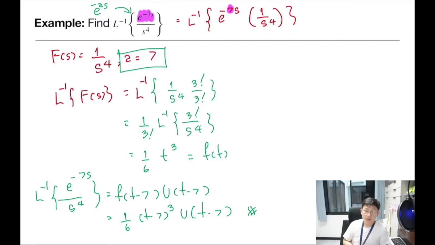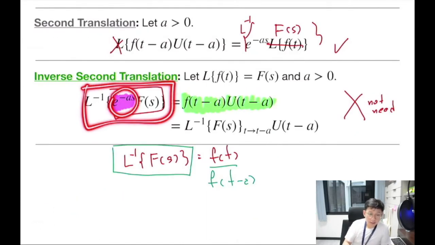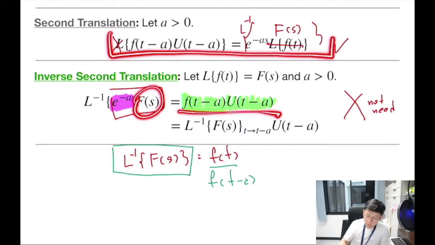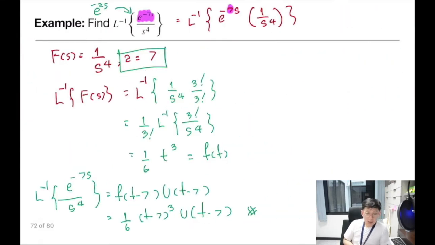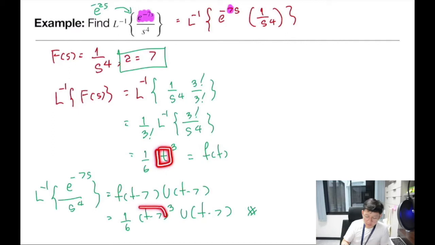To find it, you need to multiply by 3 factorial divided by 3 factorial, so that you can take this L inverse as t to the 3 over 3 factorial. From the theorem, L inverse of e to the minus as F(s) is this guy, which is equivalent to this one. You have this formula in the exam. So you just put it down here, and you already have f(t). You just substitute, change t to t minus 7, and that's it.